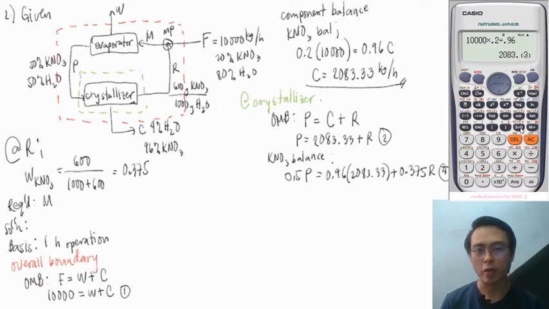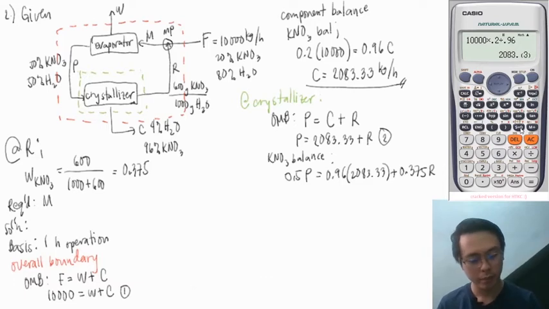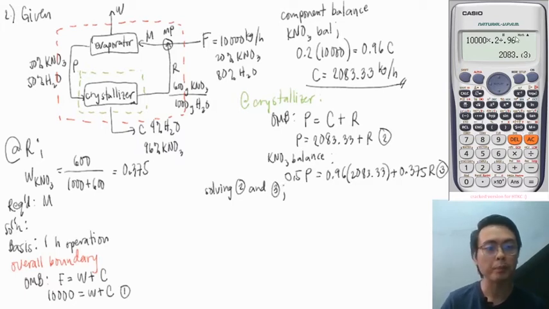We can now solve, this should be equation 3. We can now solve simultaneously equations 2 and 3. So solving 2 and 3, what do we have? Okay, so let's have P as X and R as Y. So the constants are 1, -1, and 2083.33.